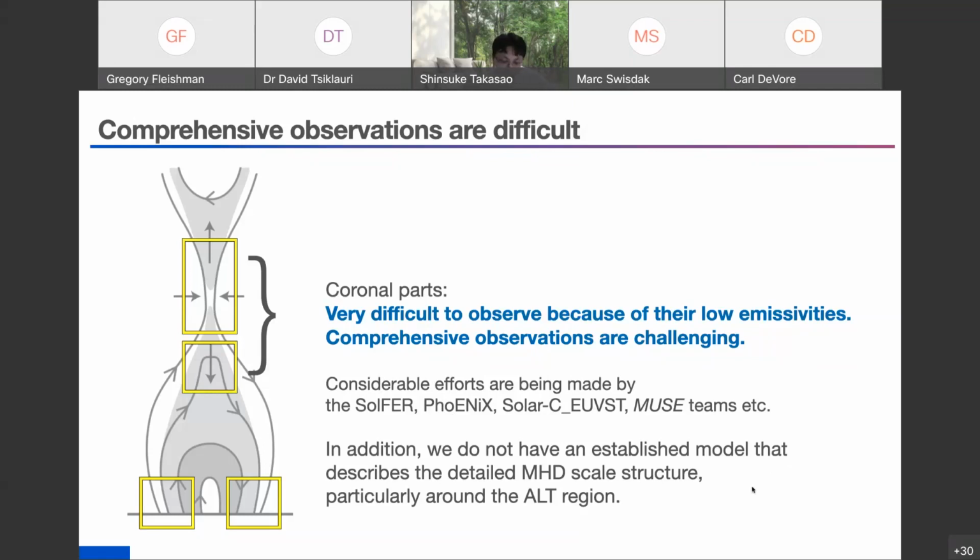And in addition, we do not have an established model that can describe the detailed MHD scale structure, especially the structure around the above-the-rooftop region. We are working to reveal the MHD structure around this region.